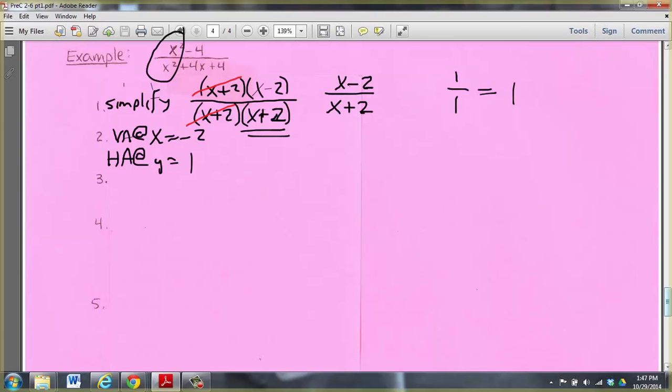Alright, so number 3 is find your y-intercepts by setting x equal to 0.